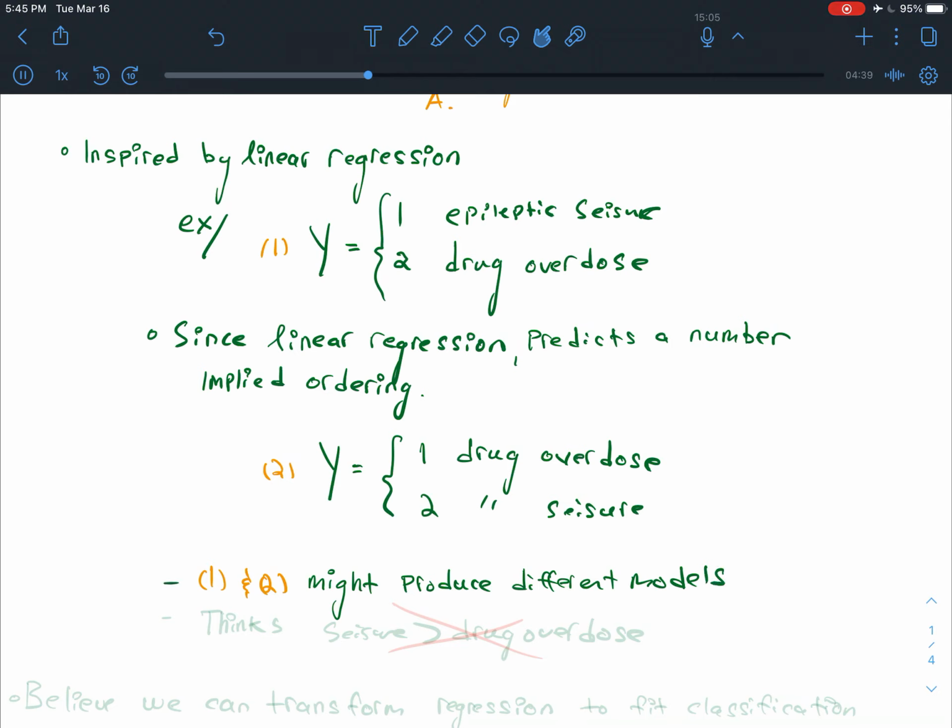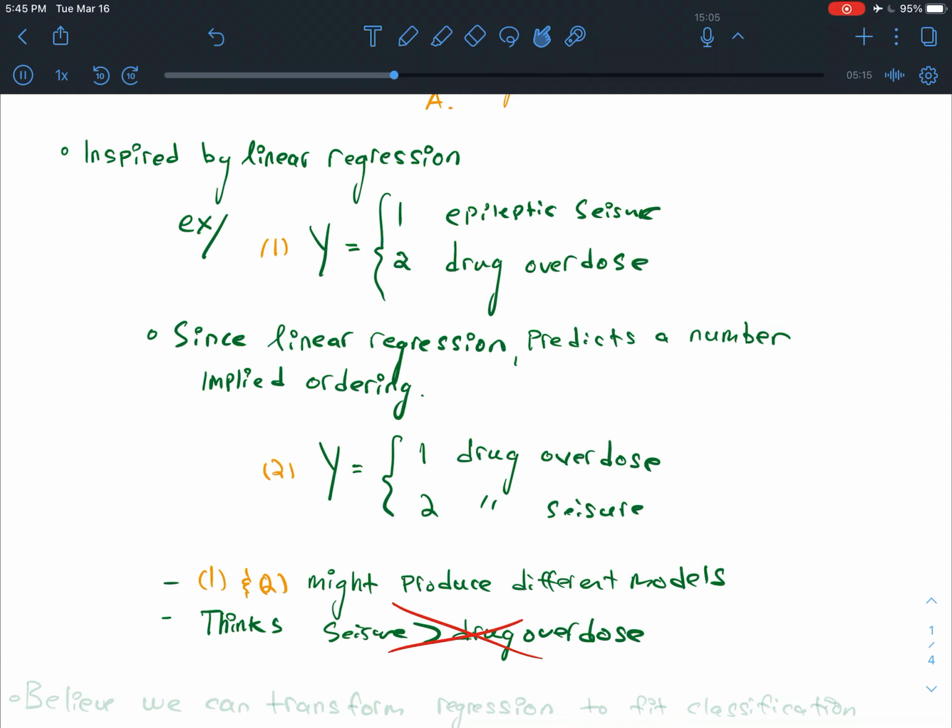Also, by encoding one of these classes as a 1 and one as a 2, since linear regression thinks these are numbers, it incorrectly thinks that in the second construction a seizure is greater than drug overdose. That doesn't make any sense. We're not trying to put that meaning here. That's not our point of classification. We're not ordering people, we're just putting people into groups.